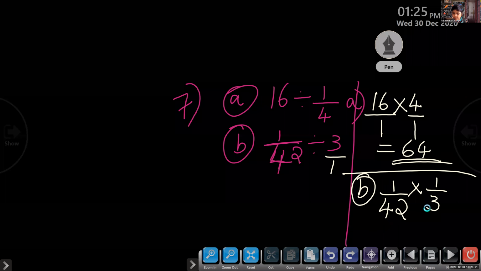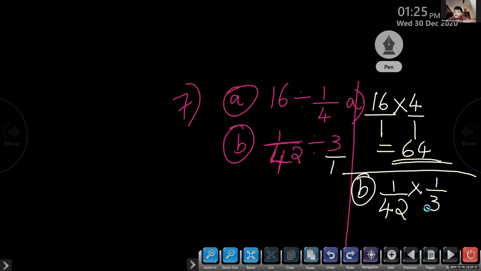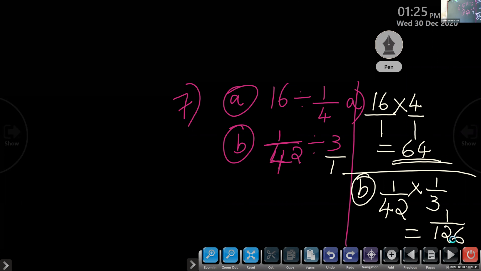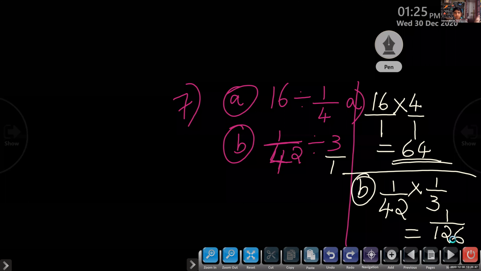So it is 1 by 126. Multiply: 3 2s are 6, 4 3s are 12. So the answer is 1 by 126.